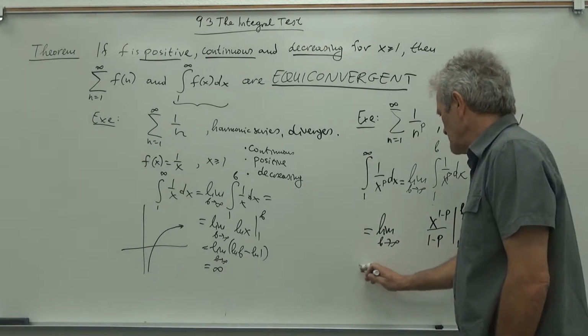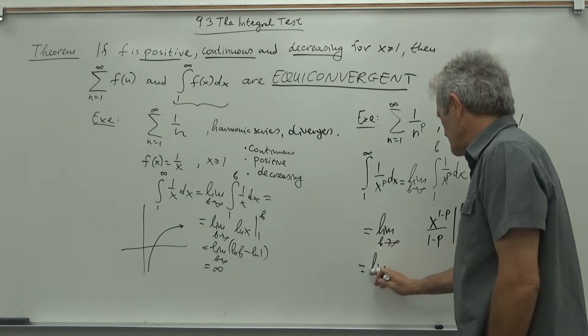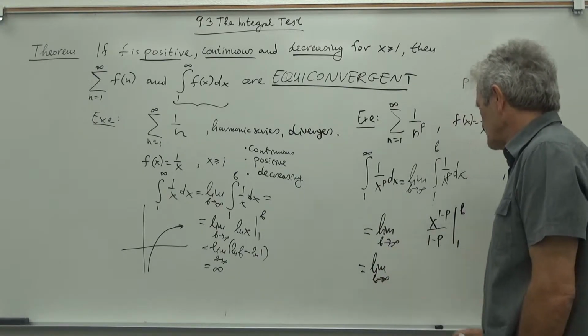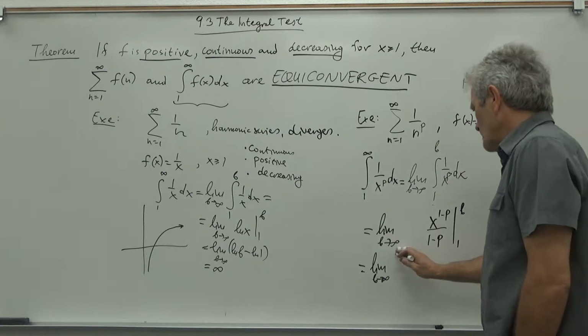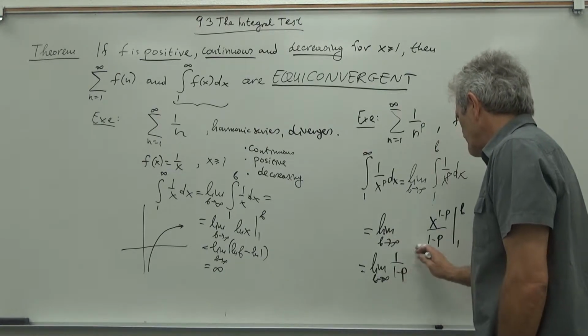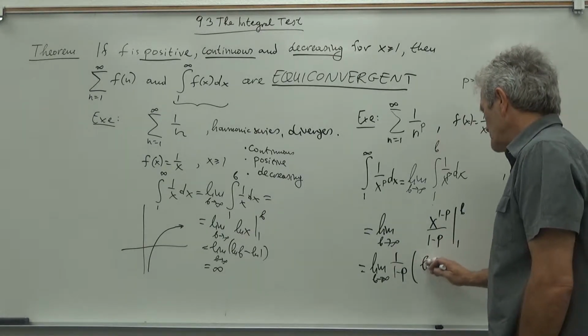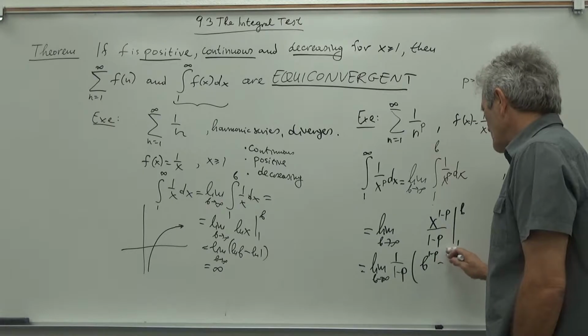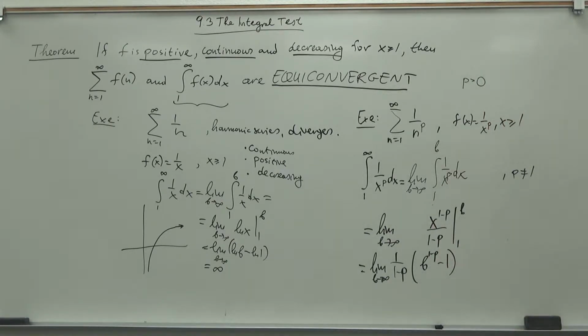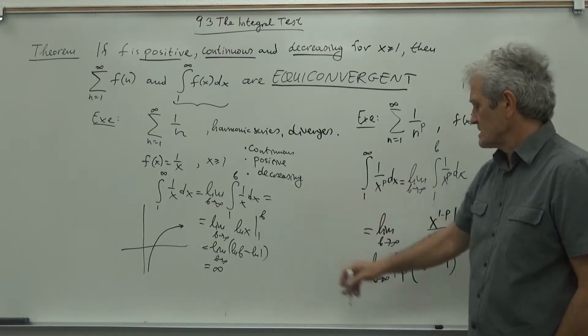So what would that be? It would be the limit when b goes to infinity of 1 over 1 minus p times b to the 1 minus p minus 1. And then what could happen? If p is less than 1, because p equals 1 was already analyzed here.